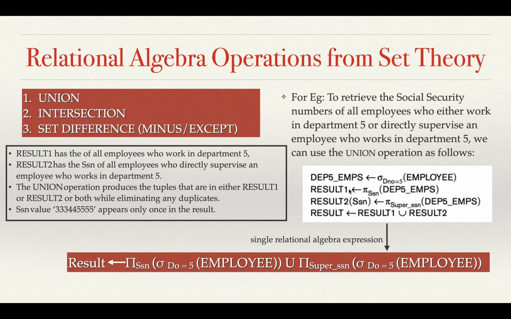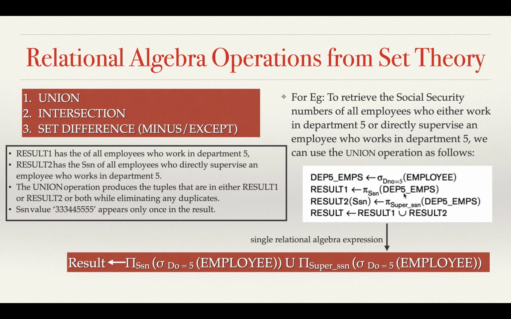Okay, now after that we have to select the social security number, only the social security number, that is the attribute that we need, right? So for that we will be using the project operation. The project operation you will be performing on the result of the first step, that is to select the employees in department number 5.